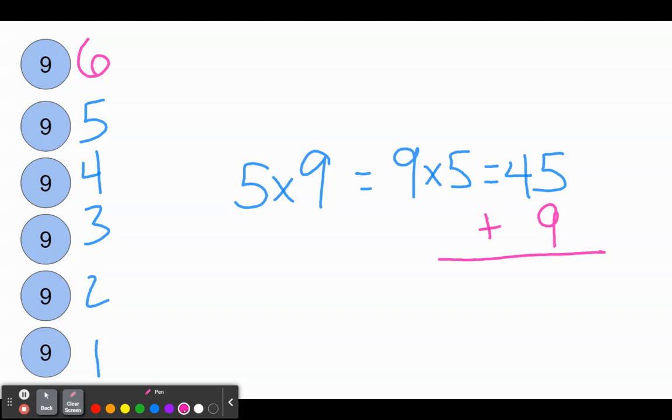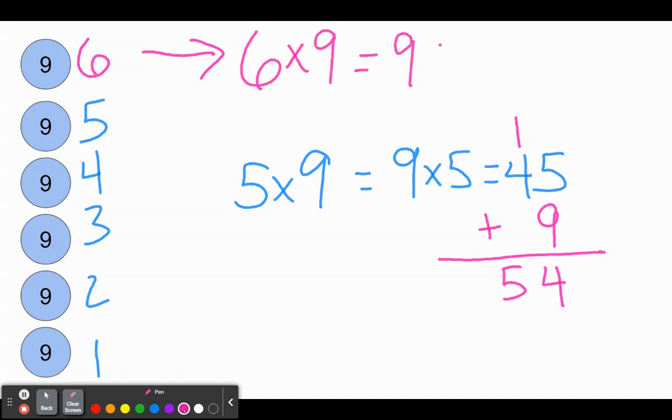So 5 plus 9 is 14. I'm going to leave 4 of those ones, take 10 of those ones, turn them into a 10, and then I have 1 plus 4, which is 5. So we now know that 6 nines, or 6 times 9, which is equal to 9 times 6, is equal to 54.